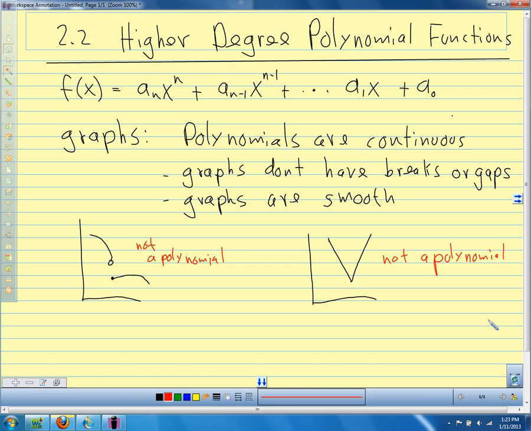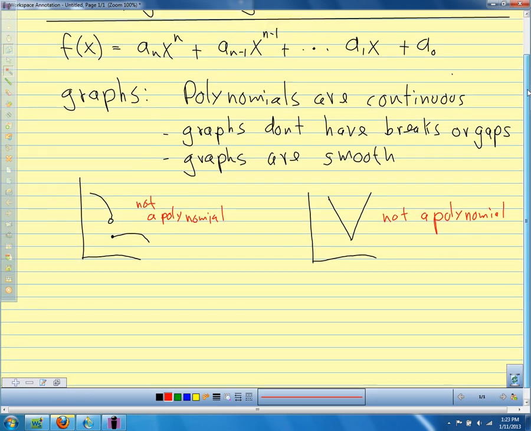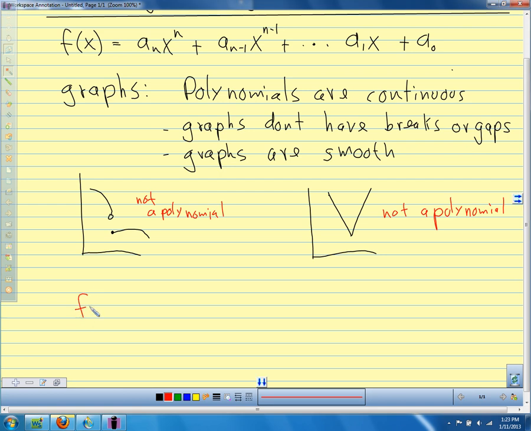So the first thing that we're going to look at today is the graphs of just a couple of really simple polynomials. We're just going to look at one term. We're going to look at the graphs of f of x equals x to some exponent, x to the n, where n is bigger than 2. We just want to know what these graphs look like.